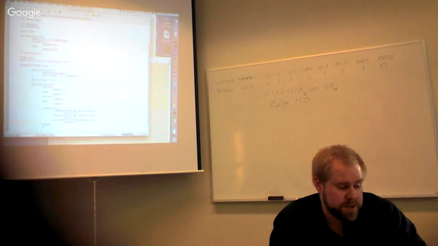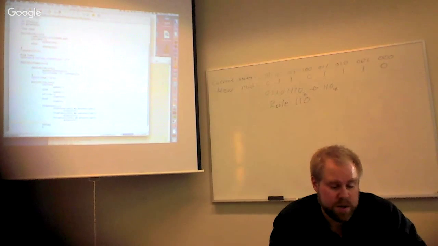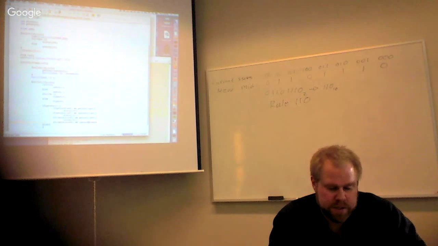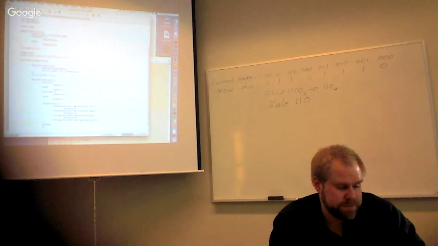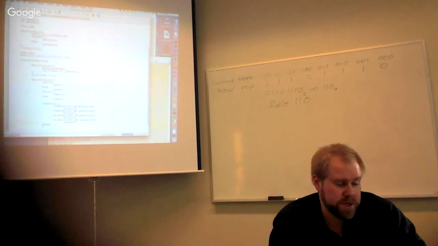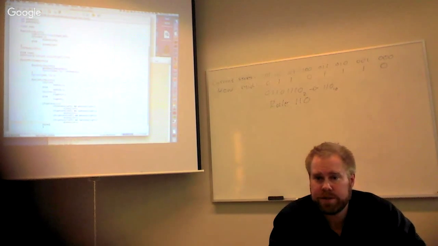So that is 0, 1, 1, right? Which is 1. And if not P state left and not P state right, then what do I do? One. Right, because that corresponds to the state 0, 1, 0, which gives me 1. Cool? People all right with this?